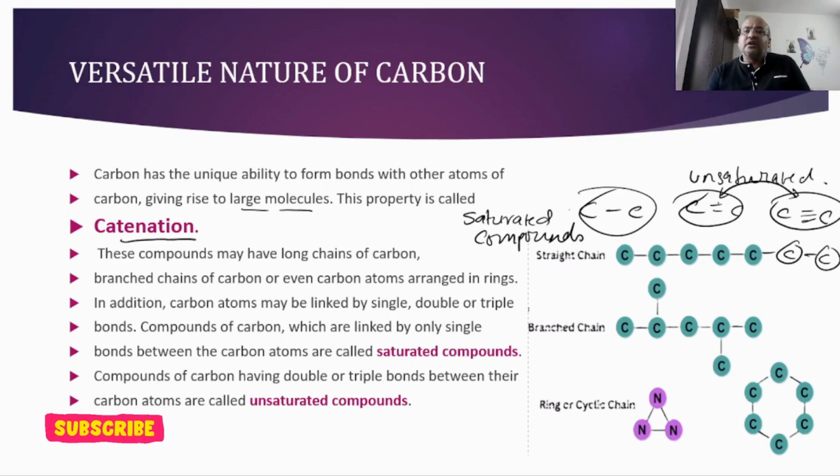So we have understood what is a saturated and what is an unsaturated compound. Saturated compounds have a single bond between carbon and carbon. When we have a double bond or a triple bond between two carbons, that time it is an unsaturated compound.